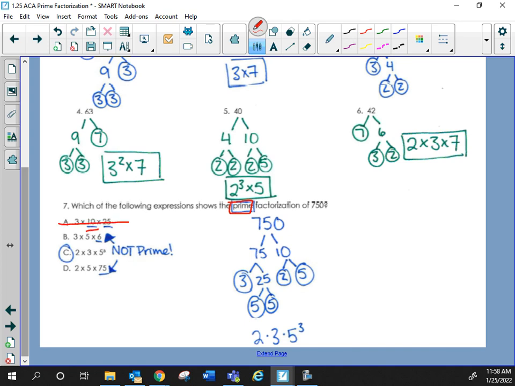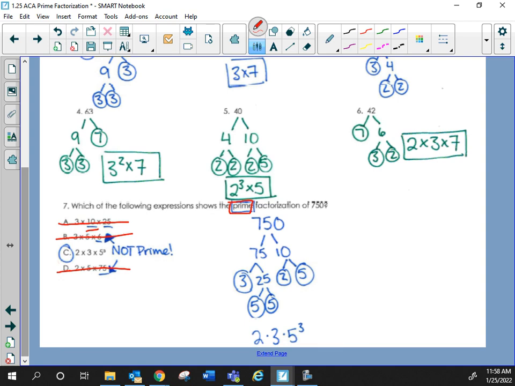No, I can eliminate that answer. In D, which one's not prime? 6. Okay? Now, in test questions, they might have a few answer choices where there's all prime numbers, but this is an easy way.